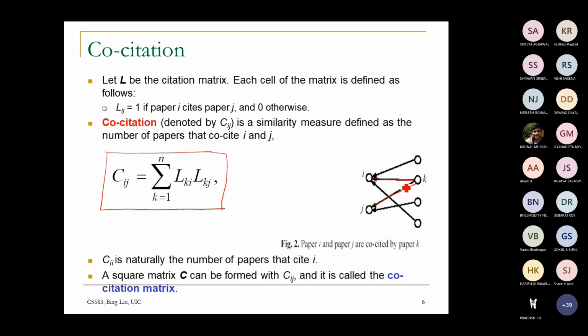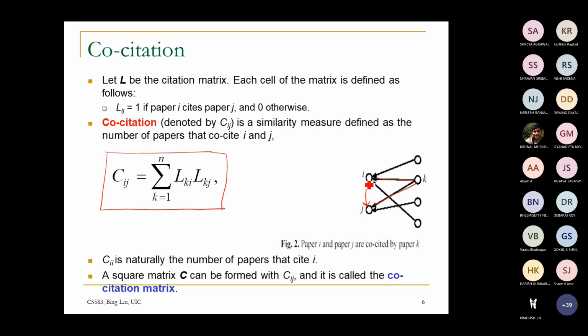Am I right? I is cited by K, and J is cited by K. Now, what is co-citation coupling? We are going to check whether these two papers also have some similarity.